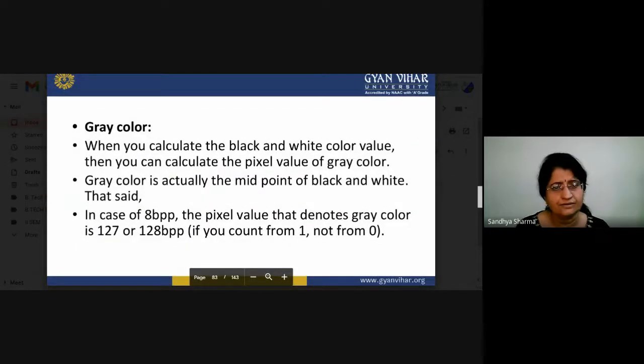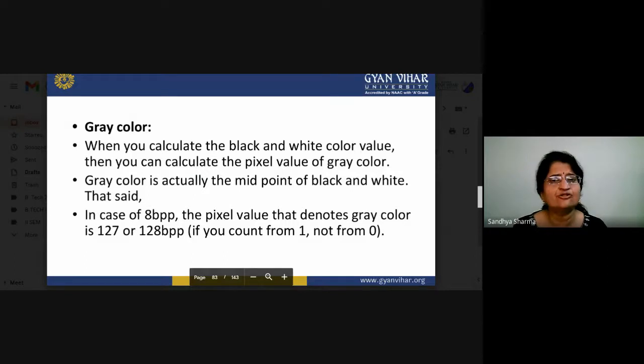Now gray color. What about the gray color? When you calculate the black and white color values, you can calculate the pixel value of gray color. That is basically 0 to the highest value, and in that range there are a number of shades that we use for the gray color.